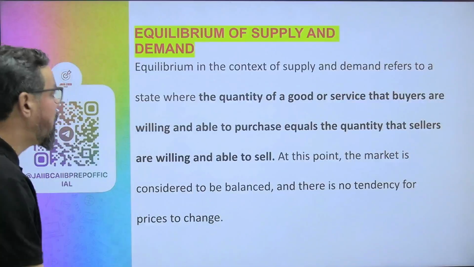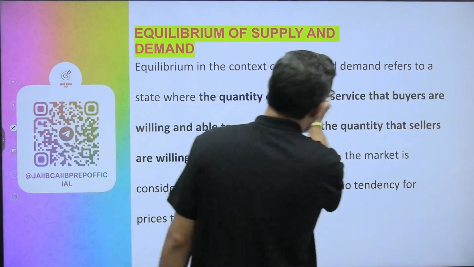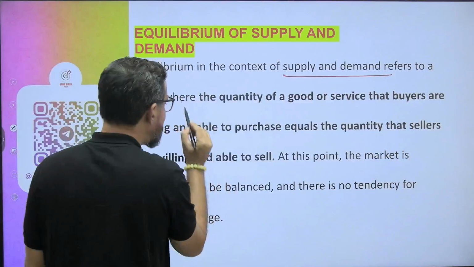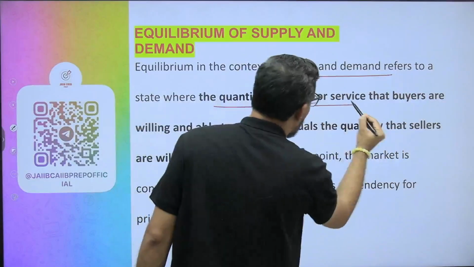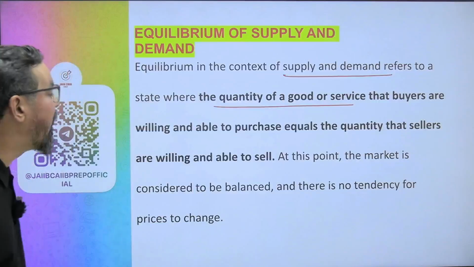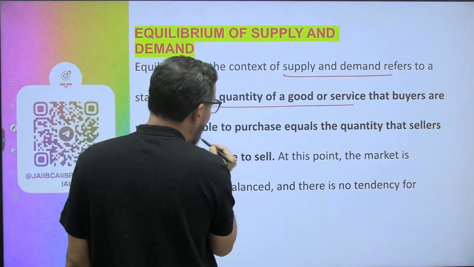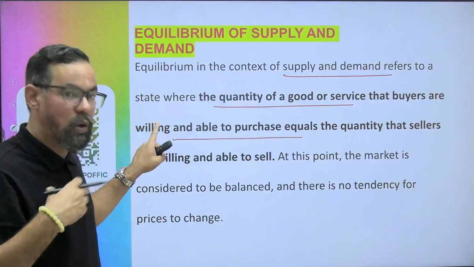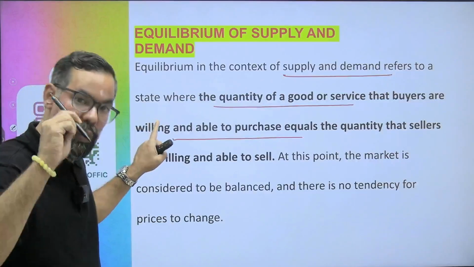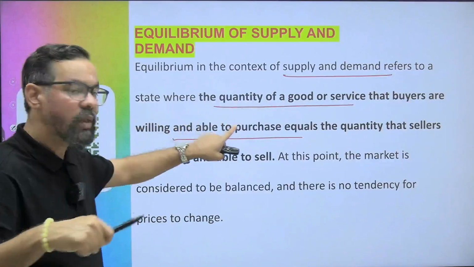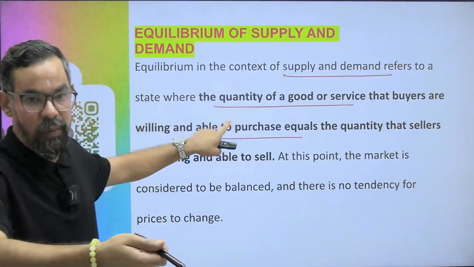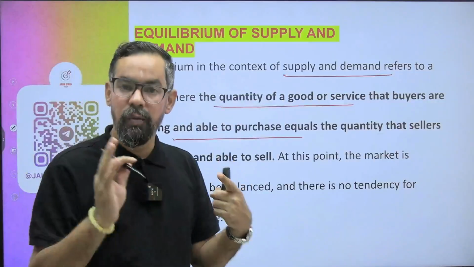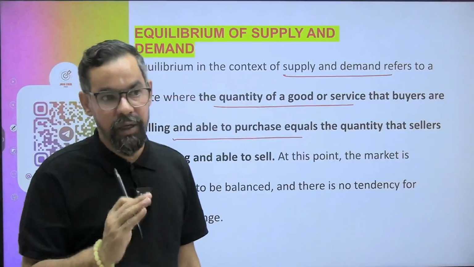Equilibrium in the context of supply and demand refers to a state where the quantity of goods or services that buyers are willing and able to purchase matches supply. Willingness: they want to purchase that particular marker at 200, and ability: they have the income level to meet those expectations.